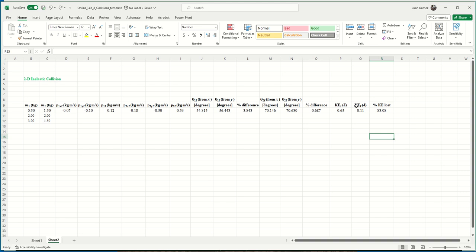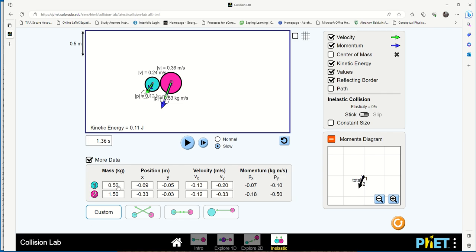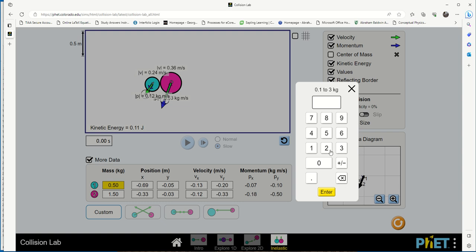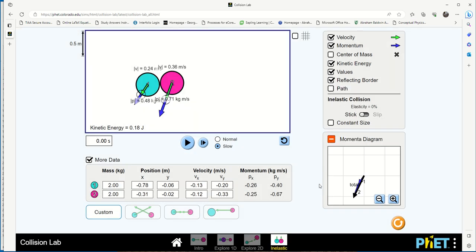And remember, how do you get the initial and final kinetic energies? I'll show you real quick. Let me set the masses now to 2. M1, 2.0, enter. M2, 2.0, enter.